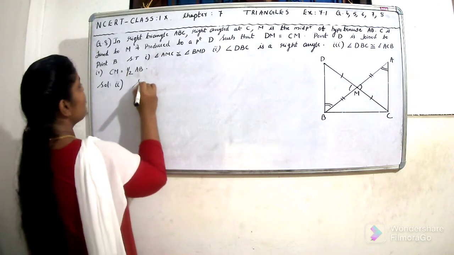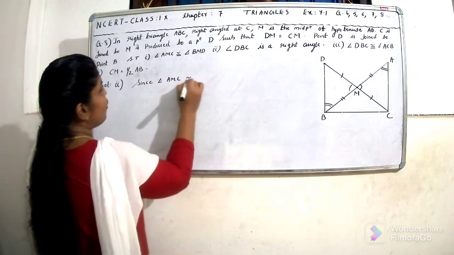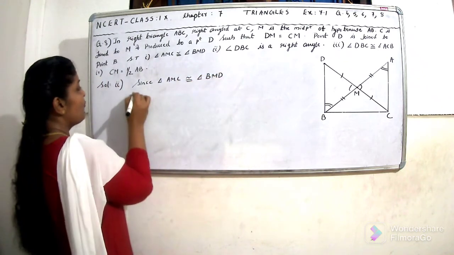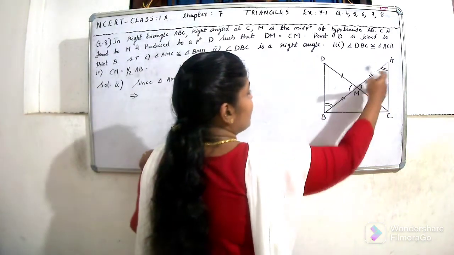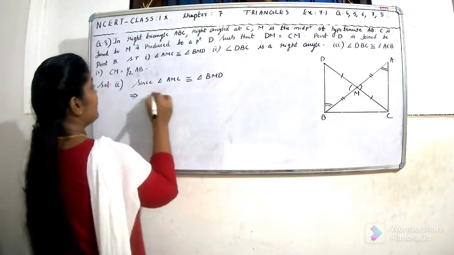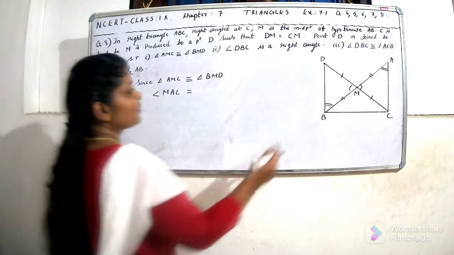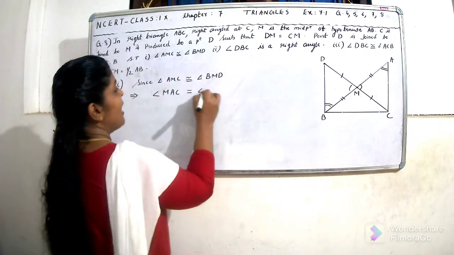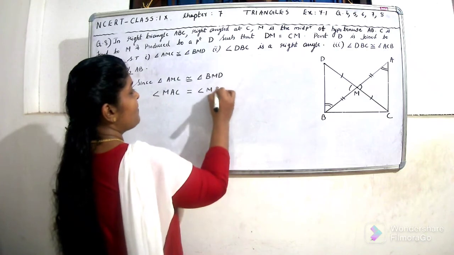Since we proved triangle AMC is congruent to triangle BMD, which implies angle MAC is equal to, in this triangle, this corner, that means angle MBD.